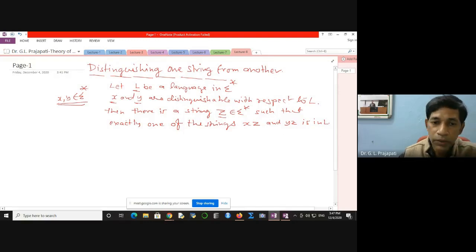This means you have a string X and another string Y. If X and Y are distinguishable, then you take some string Z from sigma star and concatenate it with X and Y, so you have the strings XZ and YZ. On receiving the string XZ, this string may be in the language.